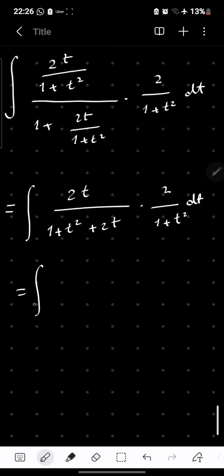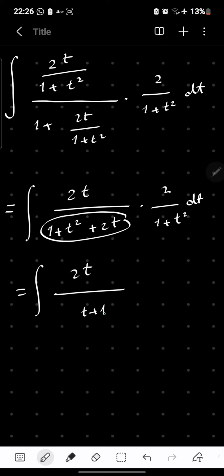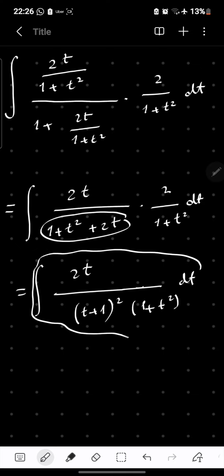So you can see that here we have t plus 1 squared times 1 plus t squared dt. Now we have a very complicated formula to solve.